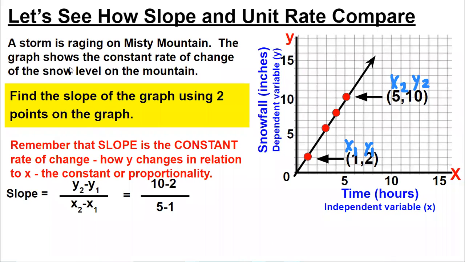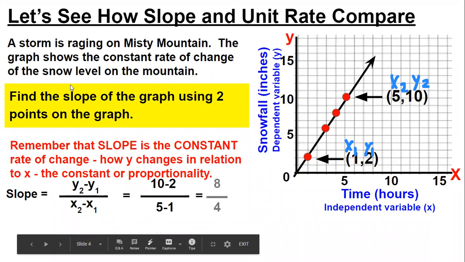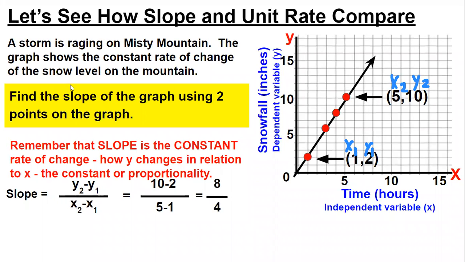So I plug in my formula: 10 minus 2, and then below it, I have to make sure the 5 is below the 10 because they're partners. 5 minus 1. And then I just solve the math. 10 minus 2 is 8. And 5 minus 1 is 4. 8 over 4 can be reduced to 2. 8 divided by 4 is equal to 2. What does that mean? The slope is 2.